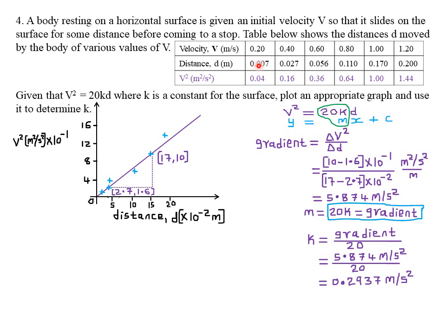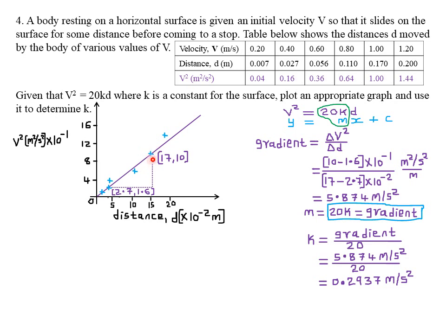For example, we'll consider the value of d as 0.7, here 2.7, and here 5.6, if we consider times 10 power negative 2. It helps us to move the decimal points. Therefore, this is our expected graph.